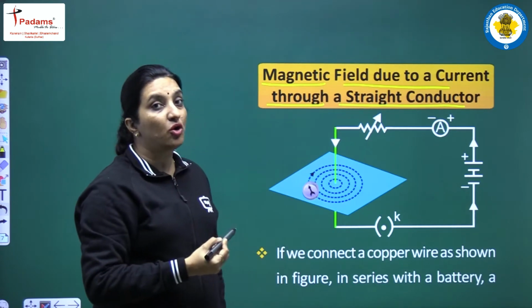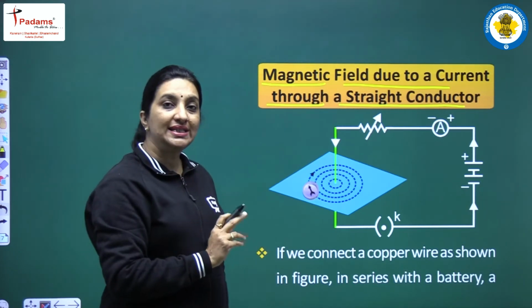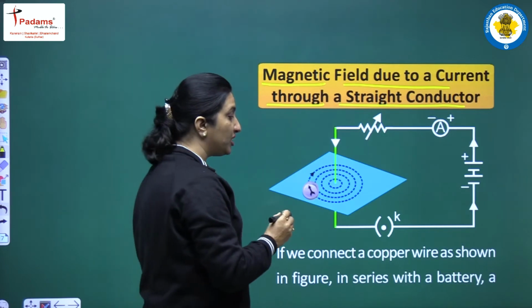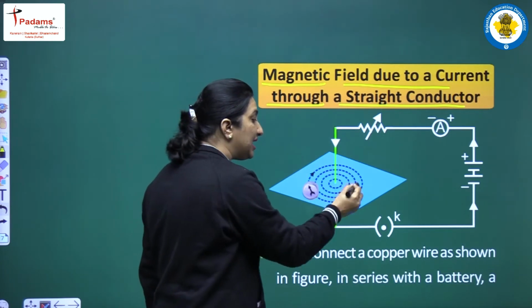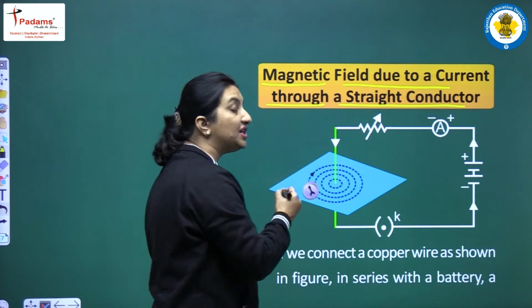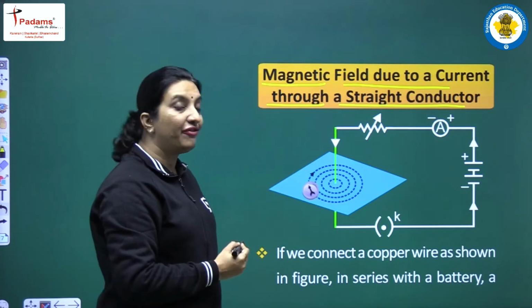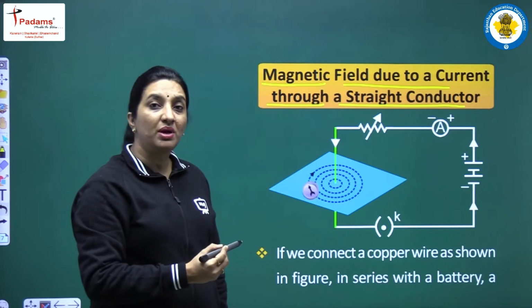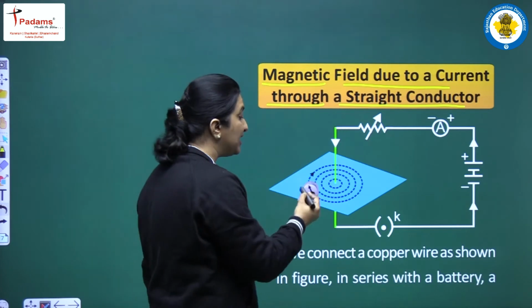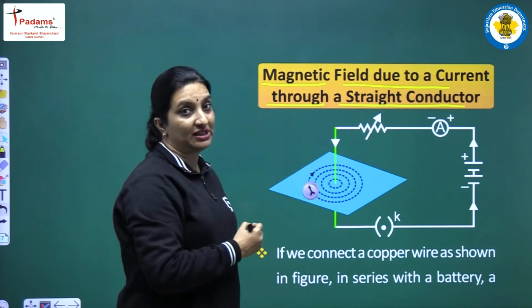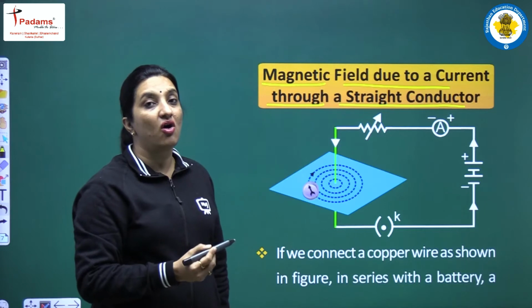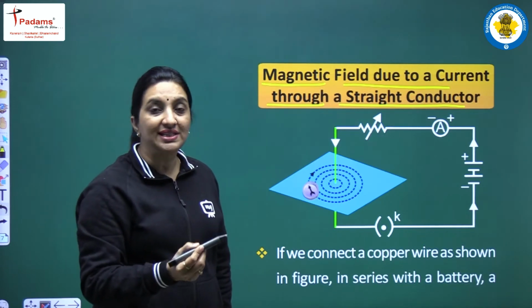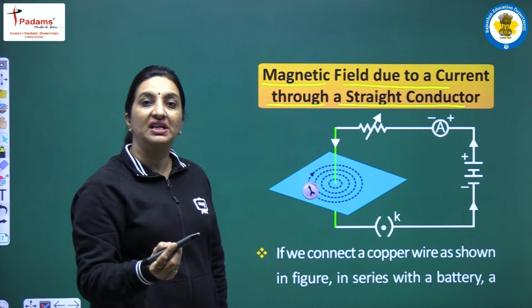If the cardboard is tapped a bit, the iron filings arrange themselves in concentric circles, and if a compass needle is placed near the copper wire, it gives deflection, indicating the direction of the magnetic field lines.